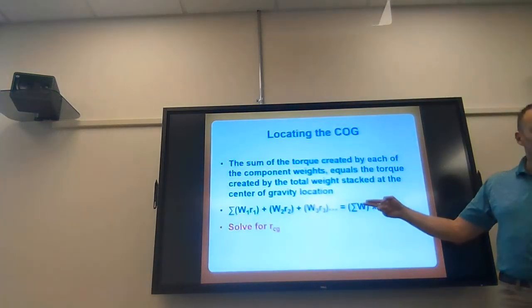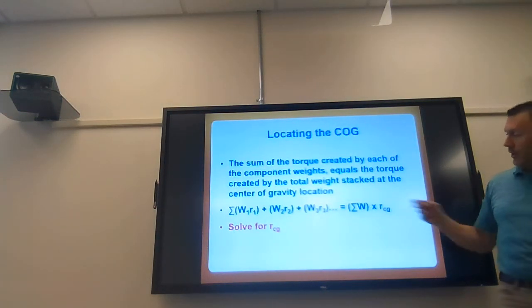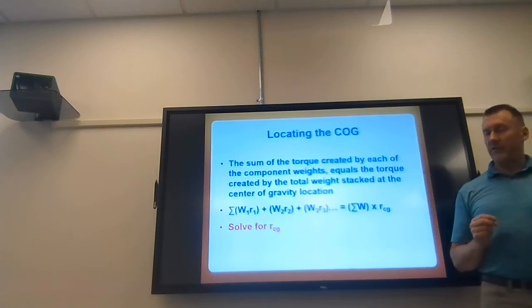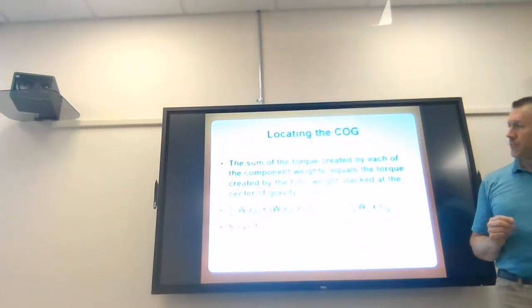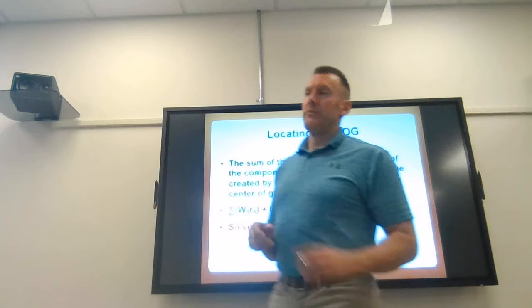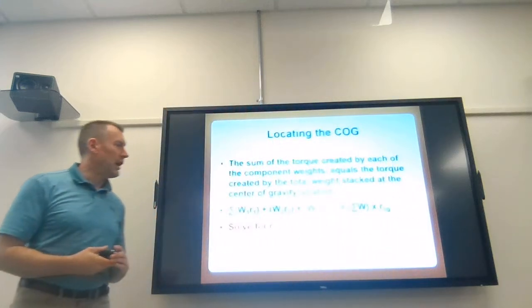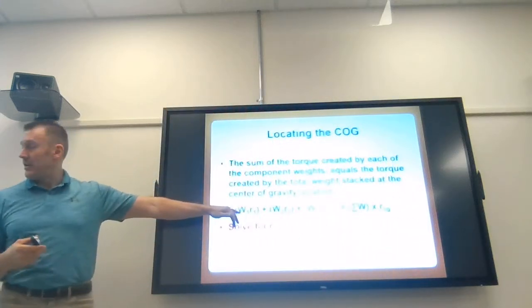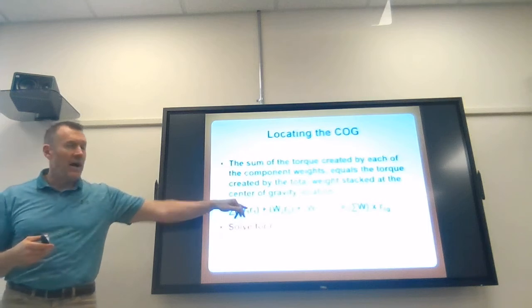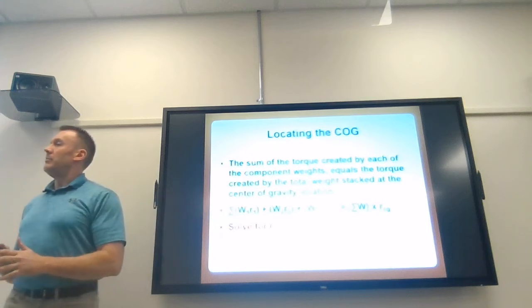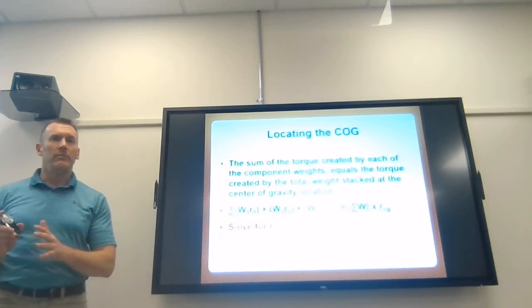That's the sum of the weights, and then you're going to solve for the center of gravity. So you've got 196.2 times 0.4 meters.